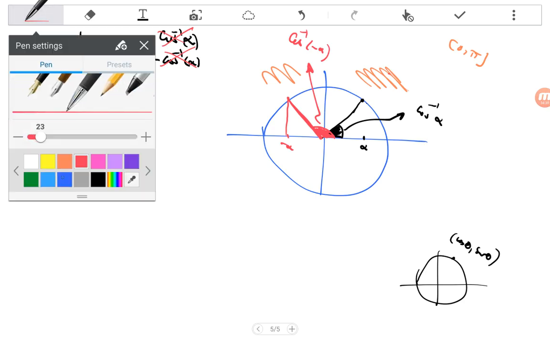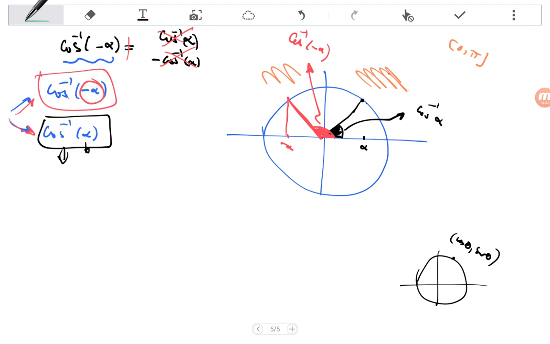Now what is the relation between these two angles? If you have a closer look, you will find this black angle has a symmetric angle on the other side, an angle which has a similar value on the other side, that green angle.